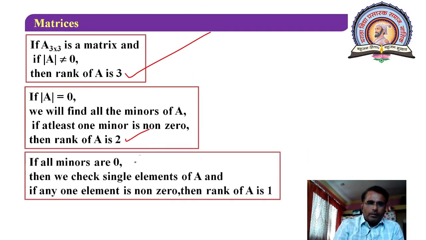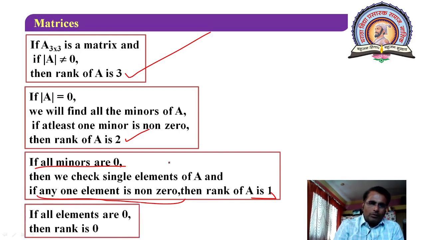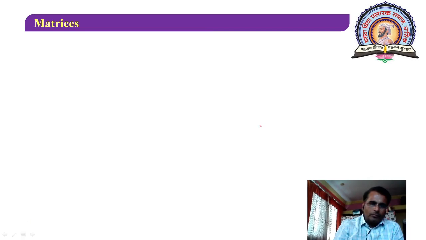And if all the minors are also 0, but an individual element is non-zero, if any one of the elements is non-zero, then the rank is 1. But if all the minors are 0 and all the elements are 0, then in that case only the rank of the matrix is 0.